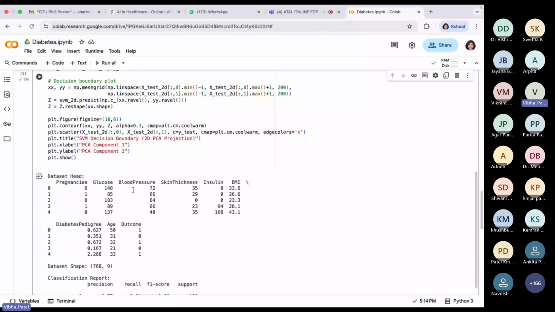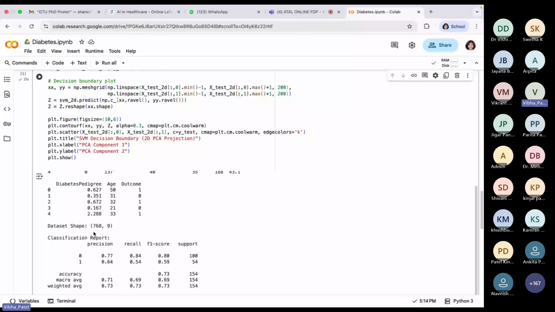See that the size of the data set, which is available as PIMA, is 768 with 9 parameters.